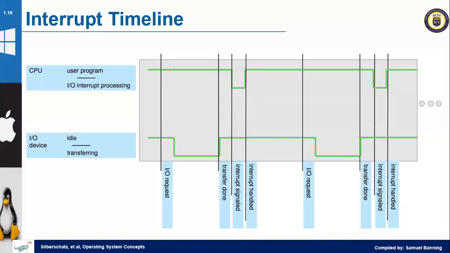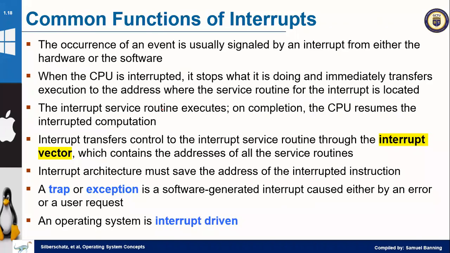Okay, so this is to illustrate the common functionality of the interrupt that we have talked about. We said that when the CPU is interrupted, it will stop whatever it was doing and immediately transfer execution to the address where the service routine for the interrupt is located.